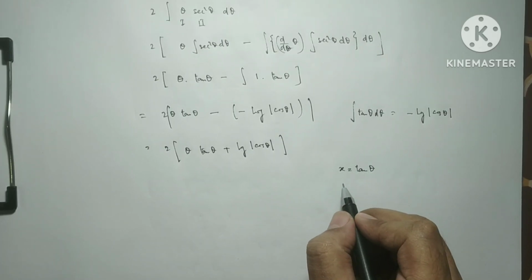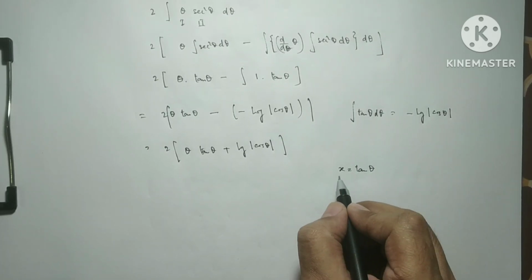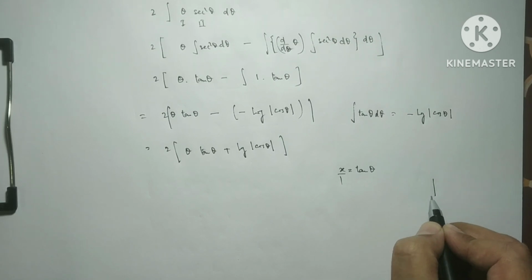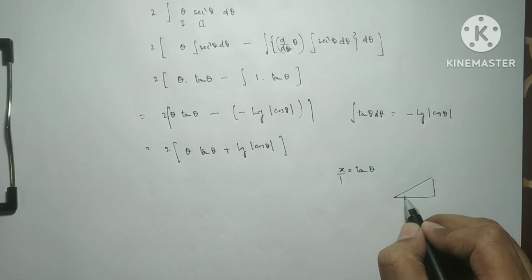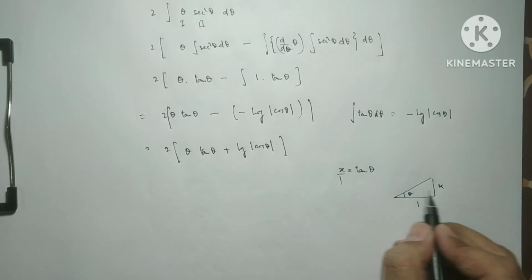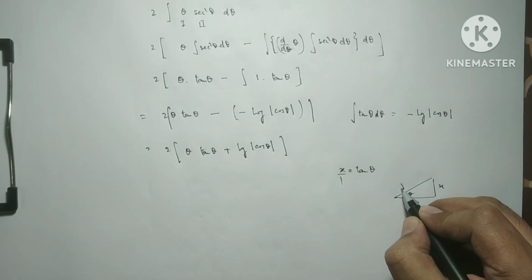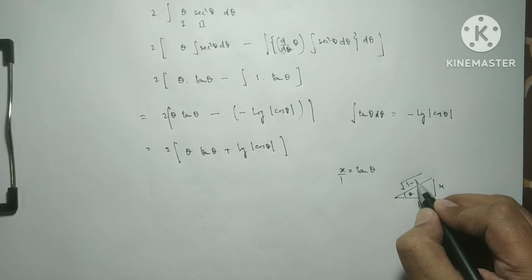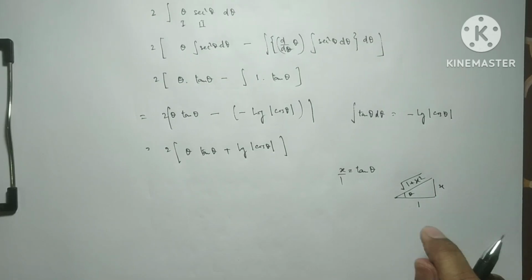and according to this we can place 1, and if it is theta then it is perpendicular over base, so x over 1, so the hypotenuse is under root 1 plus x square.